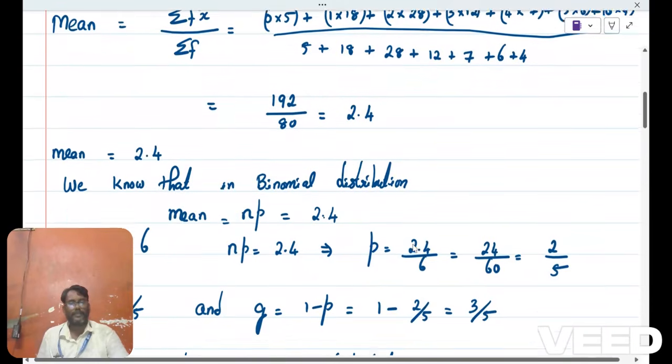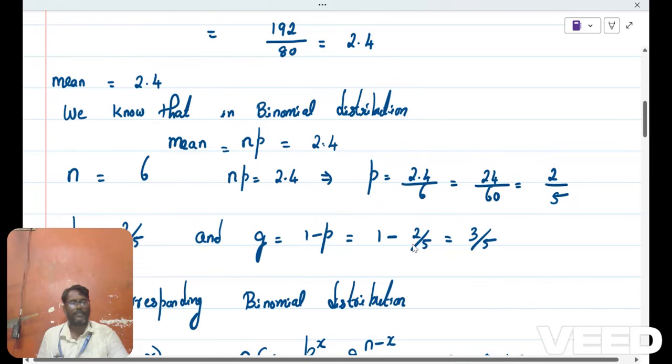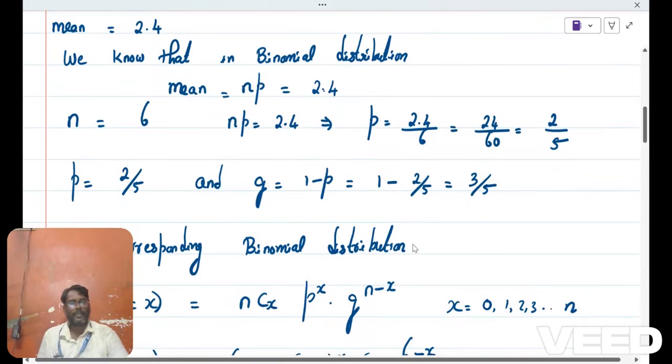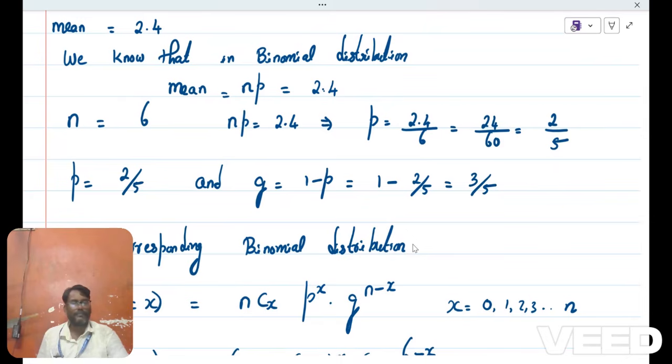So substituting n is equal to 6, we get the value p is equal to 2 by 5. And also we know that in binomial distribution, p plus q is equal to 1. Therefore, q is equal to 1 minus p. So we get q is equal to 3 by 5.